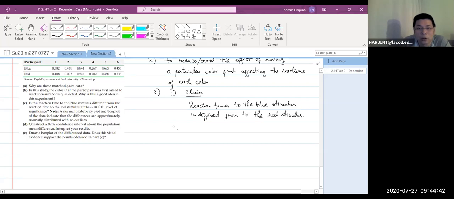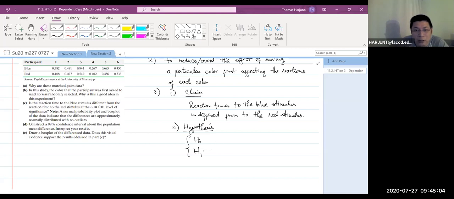Step 2, hypothesis. So the null hypothesis, alternate hypothesis. We want to see that the reaction time. So let me use T. Now I don't want to confuse this T with my other T. So let me use mu then. Mu for blue is different from mu for red.